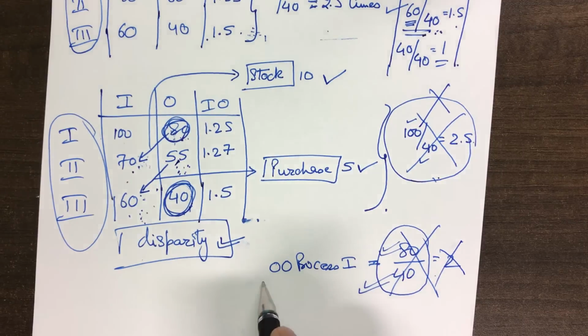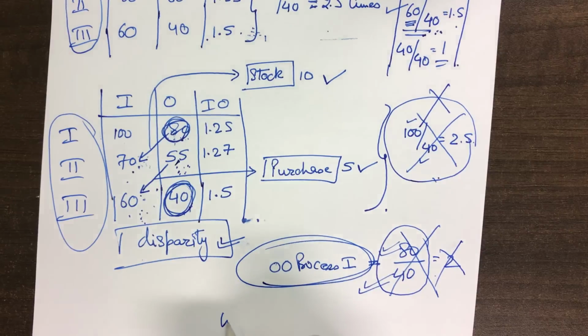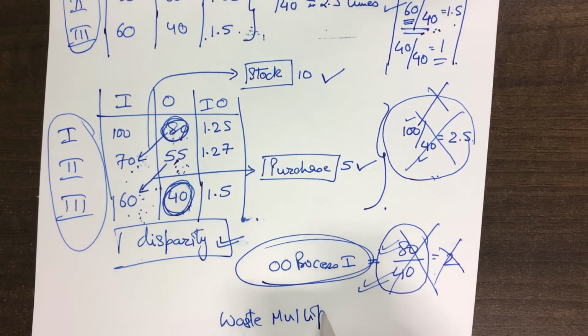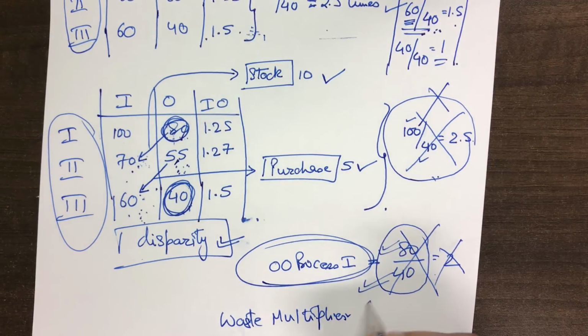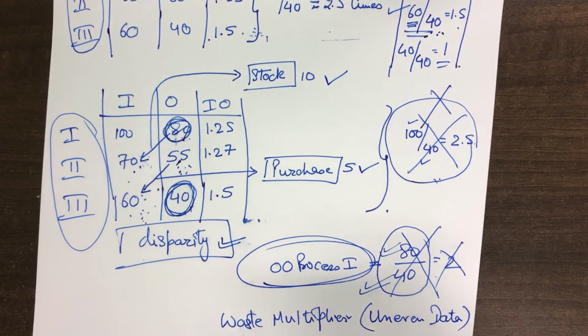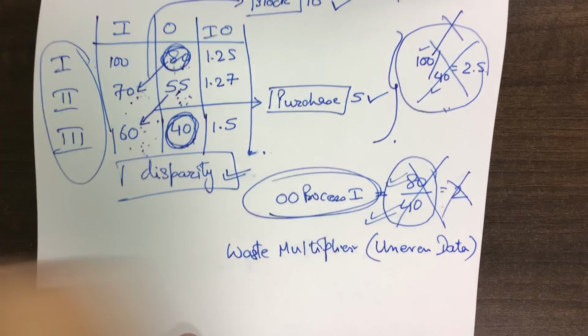So sir, how do we compute the output-output ratio or the waste multiplier when we have uneven data? The data is not even, the data is uneven.